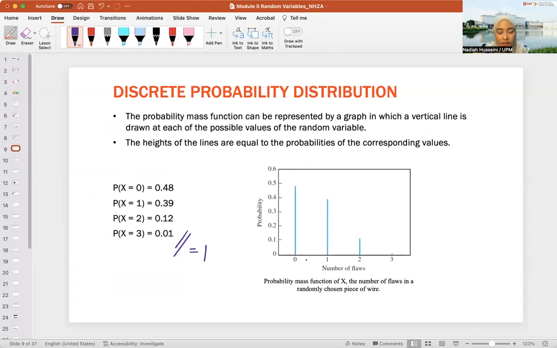For example, this is the number of flaws: 0, 1, 2, and 3. The y-axis tells us the probability: 0.48, 0.39, 0.12, and 0.01. So this is how you plot a discrete probability mass function. It is also called a discrete probability distribution.